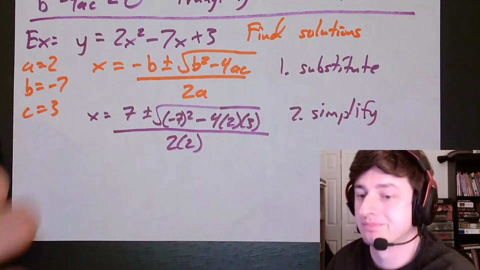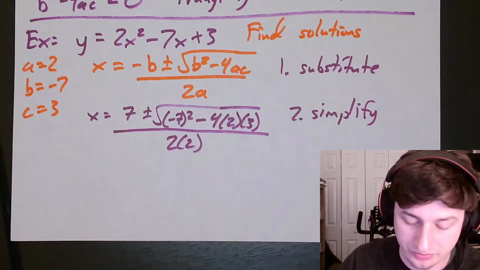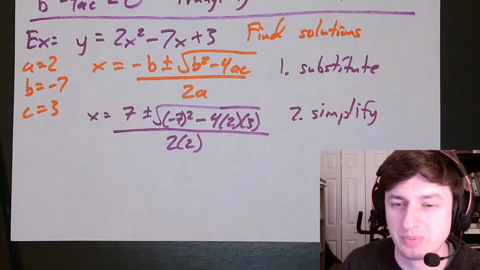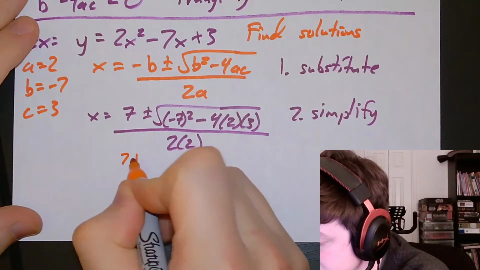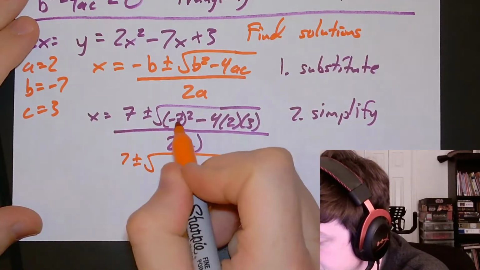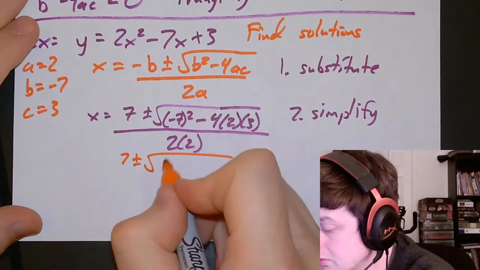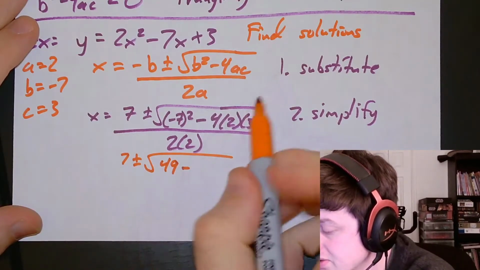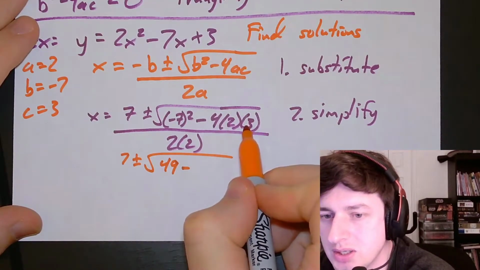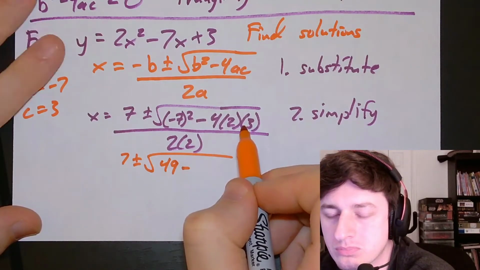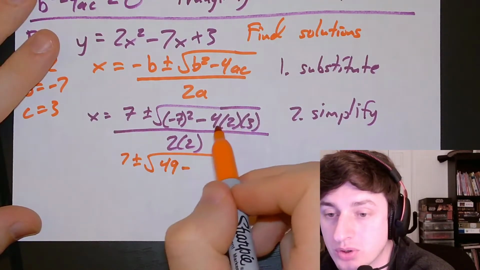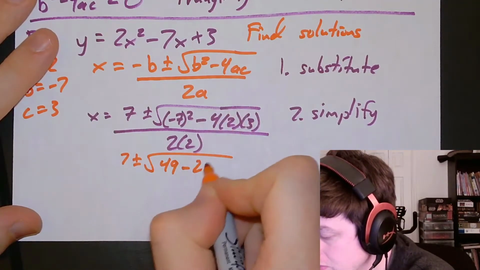So we just have to do order of operations to combine things and multiply things out. So 7 plus or minus the square root of (-7) squared, which is 49, minus 8 times 3, which is 24, or 6 times 4, 24.